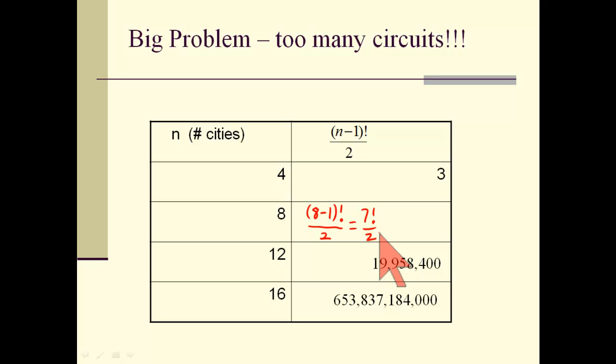And now there are a couple of ways to go. 7 factorial is not too big, and so you could literally just take 7 times 6 times 5 times 4 times 3 times 2 times 1 on your calculator, divide by 2. Or perhaps you know where the factorial key is on your calculator. Look for the exclamation mark.